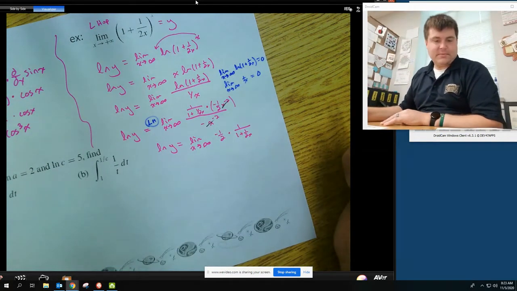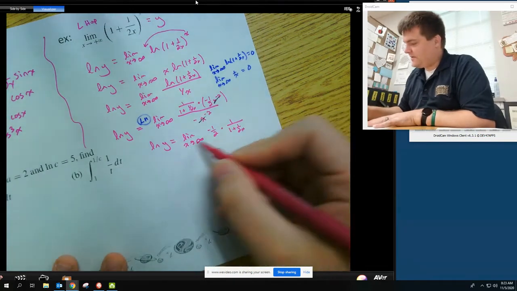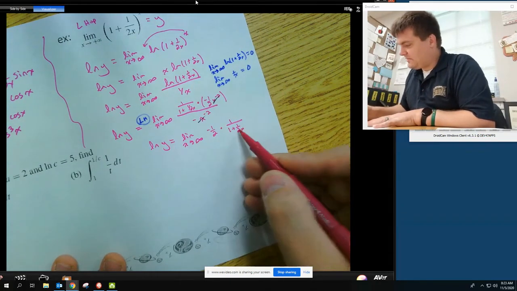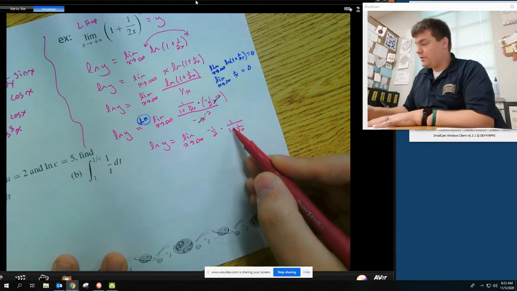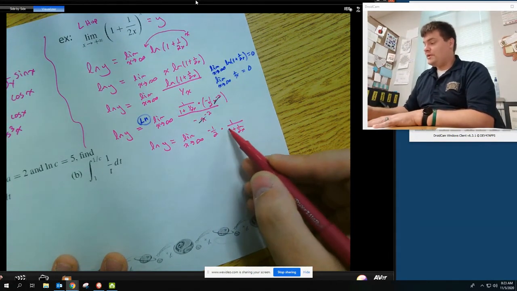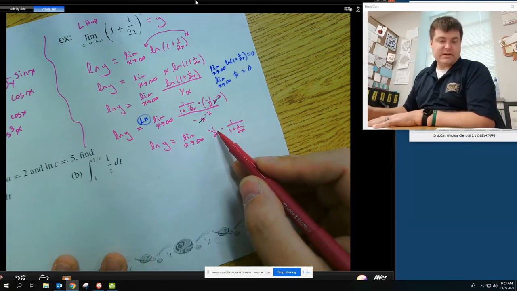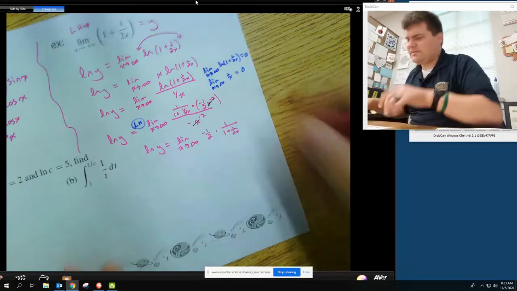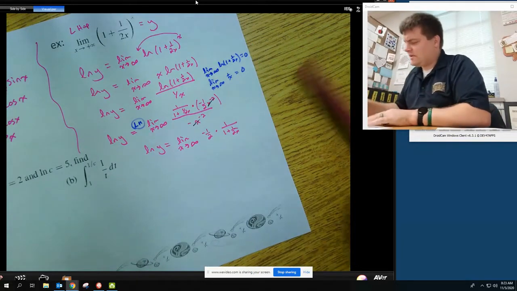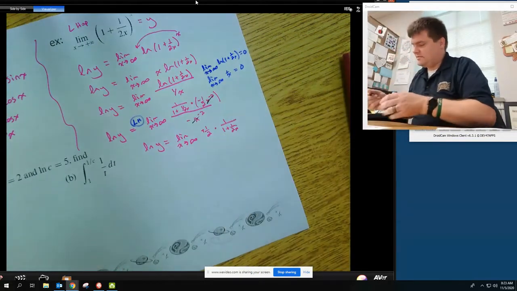Yeah, so if I plug in an infinity here, I'm going to end up getting 1 over 1 plus 0, because remember the x is on the bottom. So 1 over 1 plus 0, so that's a 1. So I'm left with just a, oh yeah, these negatives cancel out too. I was like, I ain't getting a negative answer here. These negatives cancel out. That should be a positive.